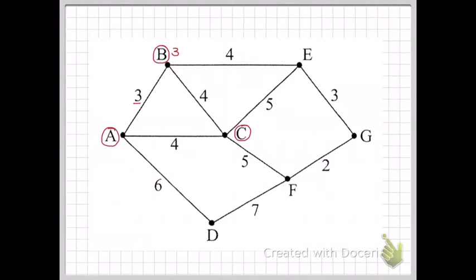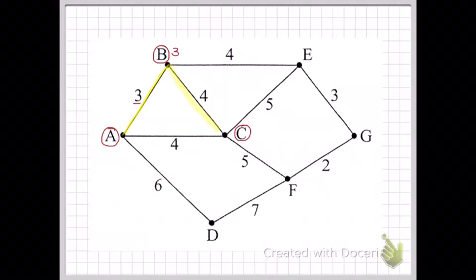and we want to find the shortest path to C. I'm trying to connect C back to either of the nodes on my network that are already online. If I go directly from A to C, that will give me a distance of 4. If I try and go from B, that will be 3 plus 4 equals 7.